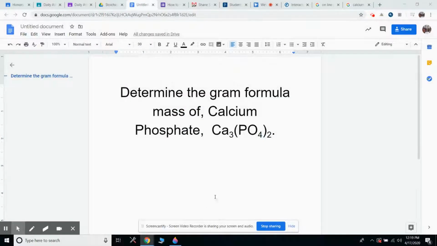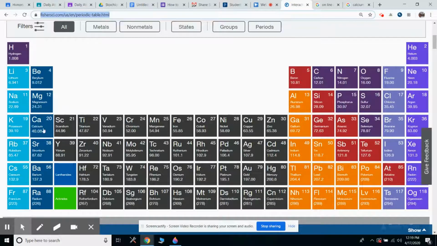Okay, so here's another example where we have to find the formula mass, which is just another name for the molar mass, of calcium phosphate. Now I notice there's a coefficient 3 written in front of the calcium, so there are 3 moles of calcium present. And if we go to our interactive periodic table, we find calcium. It's right here in the second group.